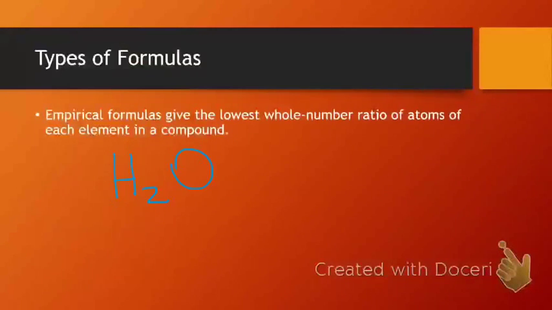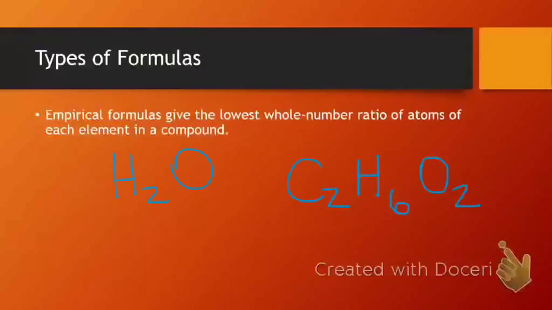But if we take glucose, we notice here with glucose is C2H6O2. That's not an empirical formula because all of these subscripts, which tell you the number of elements in it, are not in their lowest whole number ratio.